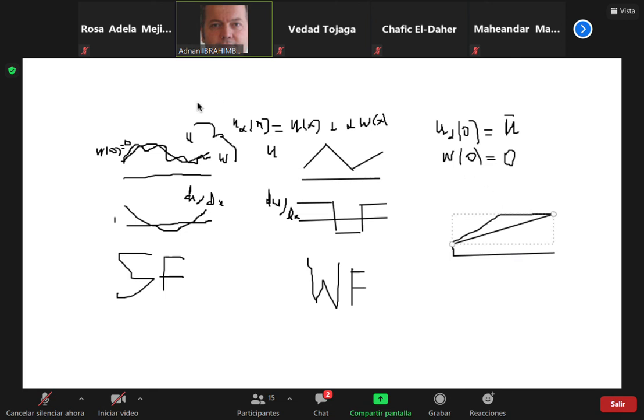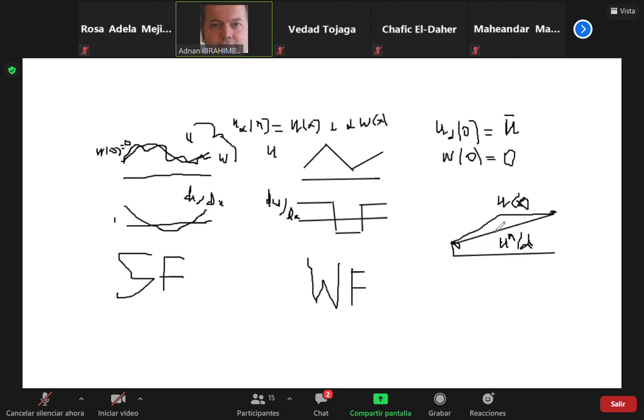So this is something that you call U, and this is something that you call U of h. Not perfect. Anyway, basically these two values at the ends of the interval are the same.